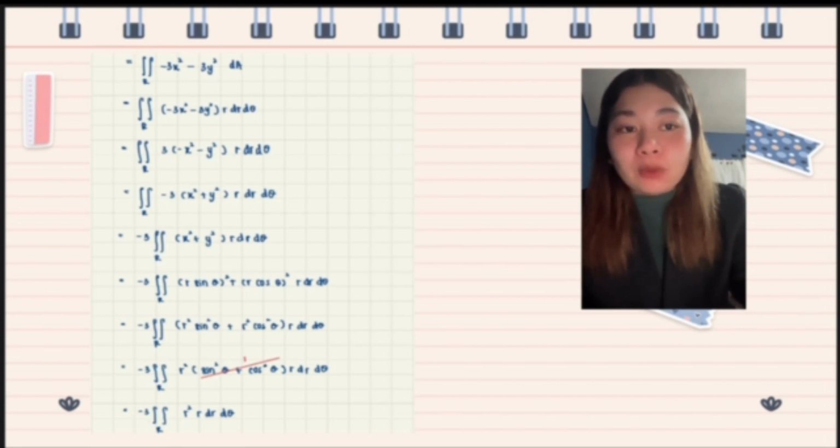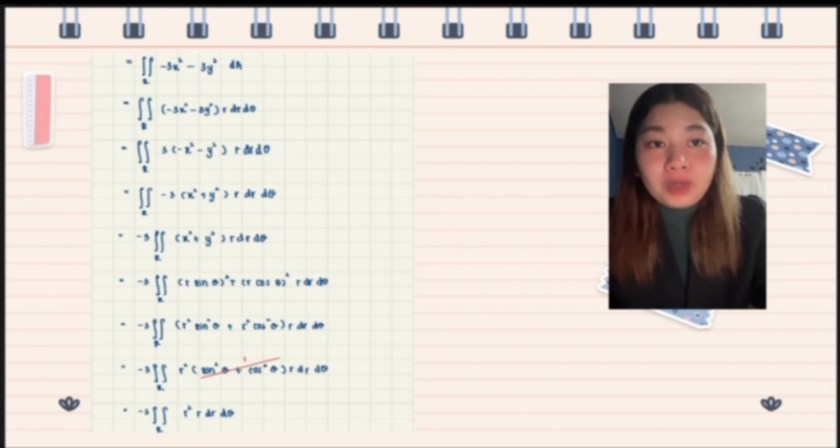We know that x squared plus y squared becomes r sin theta squared plus r cos theta squared. So next, negative 3 double integral of (r sin theta) squared plus (r cos theta) squared, r dr d theta. We have the square outside the bracket, so the next step will be r squared sin squared theta plus r squared cos squared theta, r dr d theta.